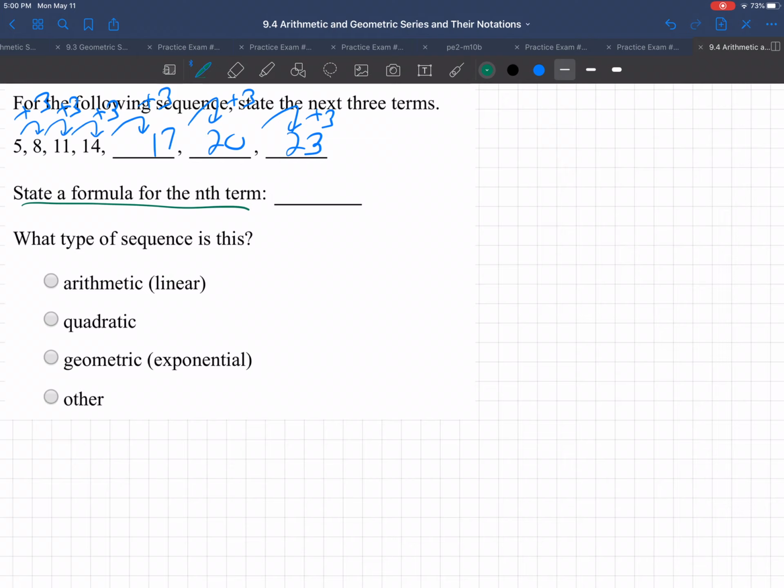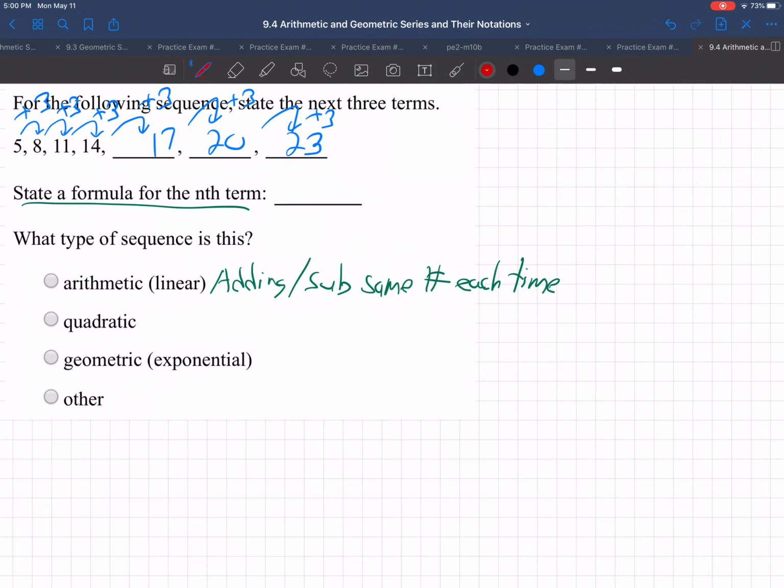So we need to know, actually let's just come down here and answer, is it arithmetic, quadratic, geometric? What's the deal? Well, arithmetic is when it's adding or subtracting the same number each time.